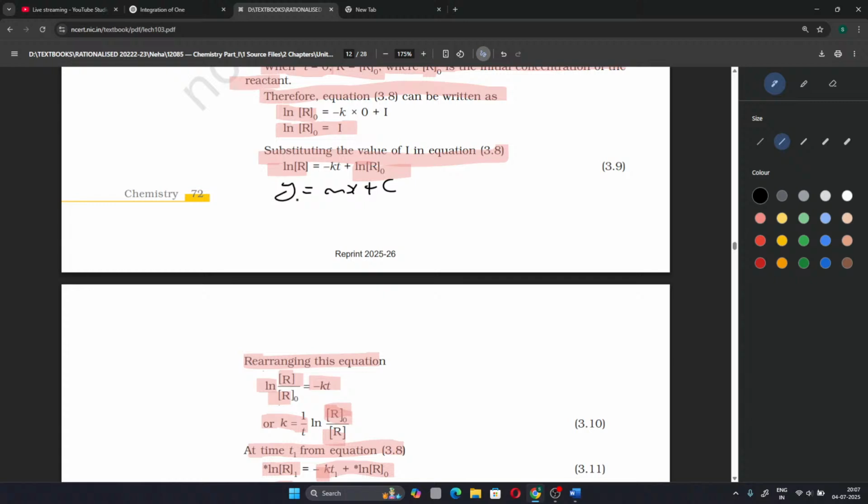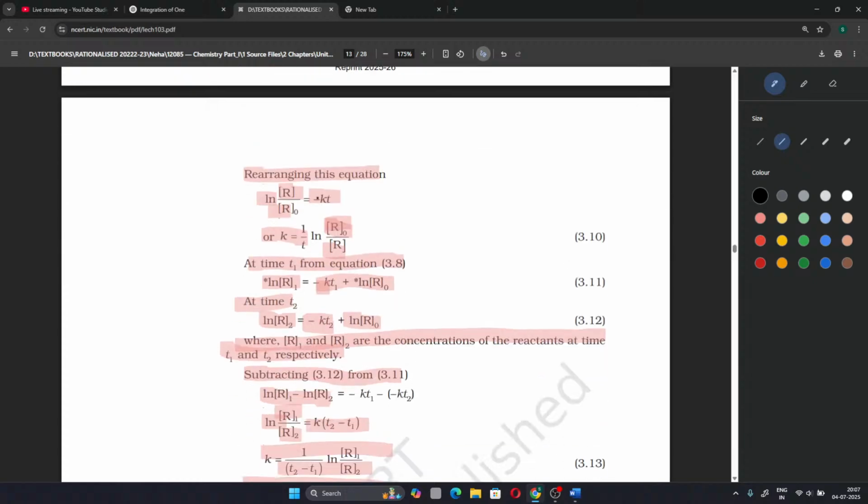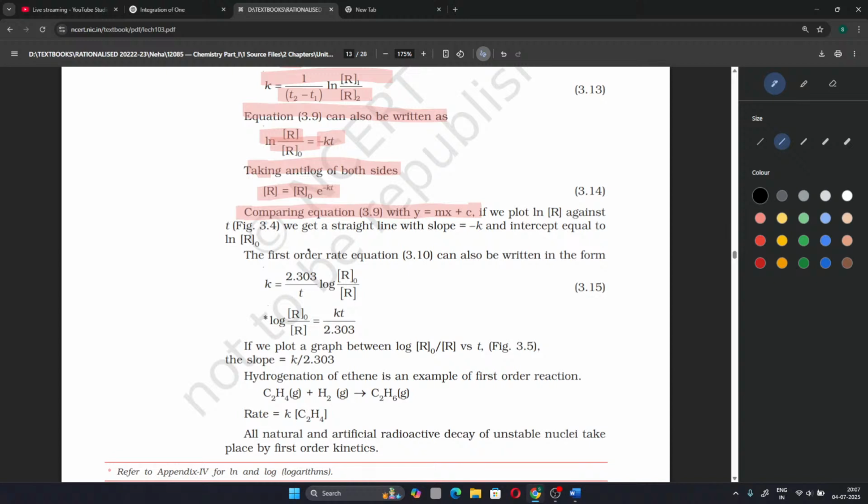Here as well the slope is negative because the concentration of the reactant decreases as the reaction progresses. When we plot ln r against time, we get a straight line with slope equals minus k and intercept equals ln r naught.